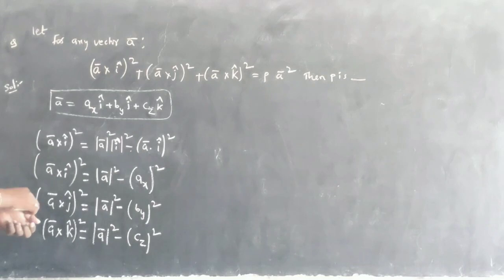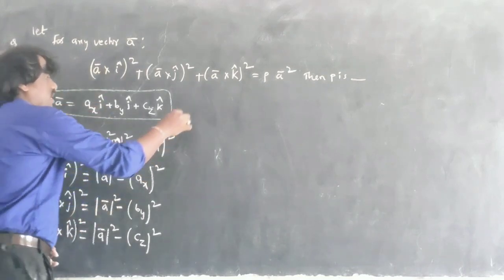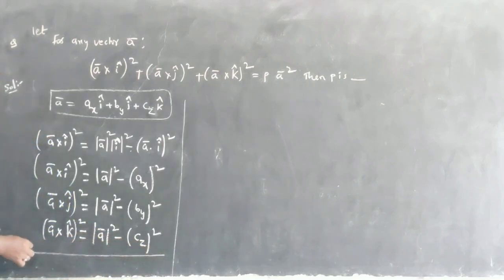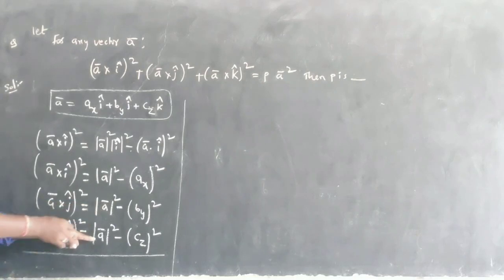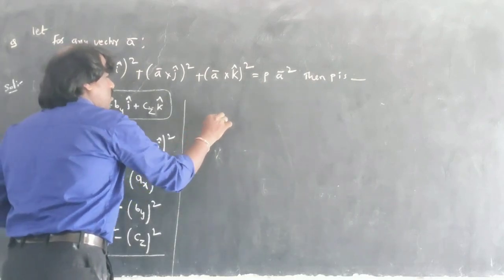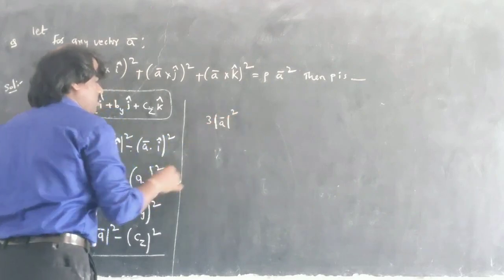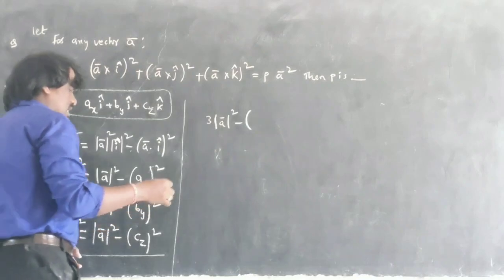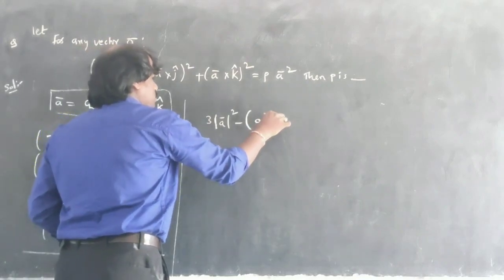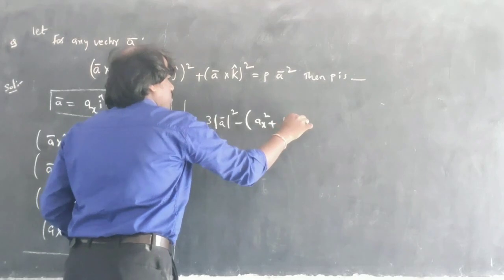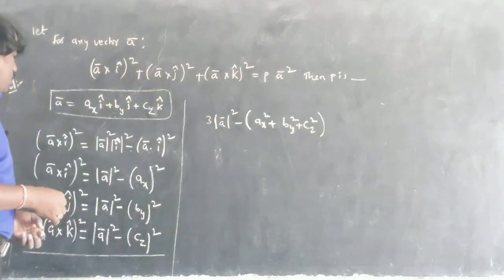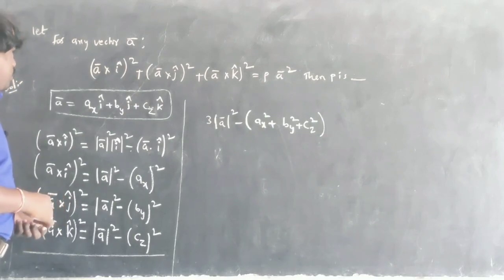And you have the question here, the addition of these. So when I add these three, mod a square plus mod a square plus mod a square, that is 3 mod a square, minus what I get inside, ax square plus by square plus cz square.